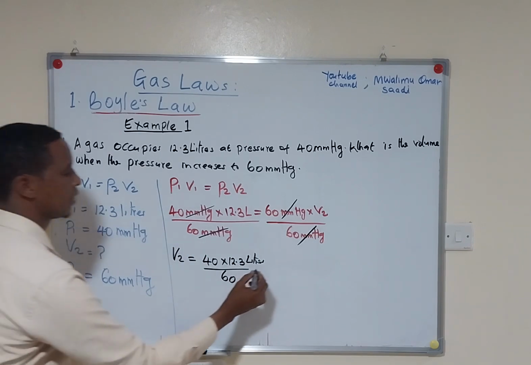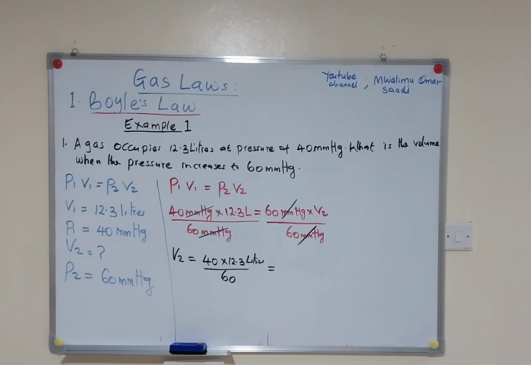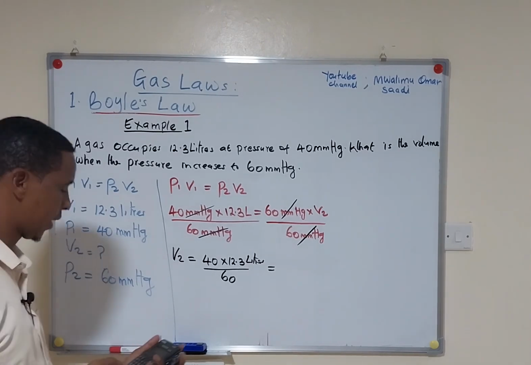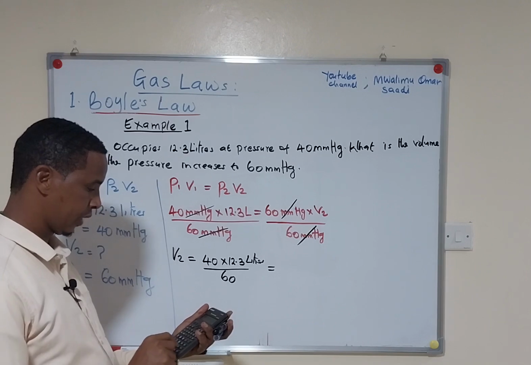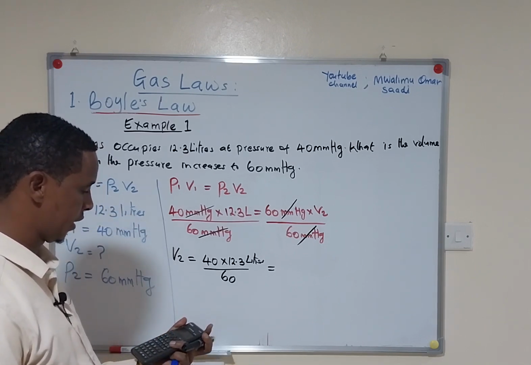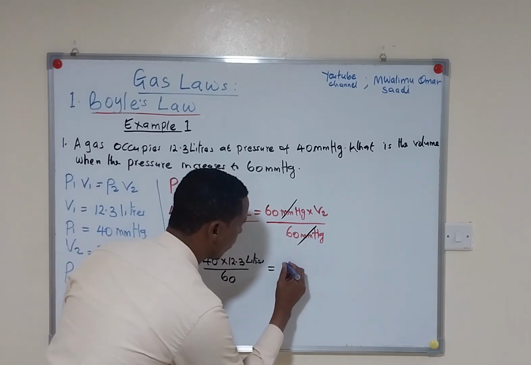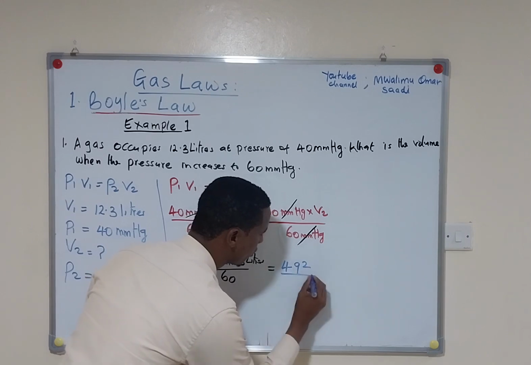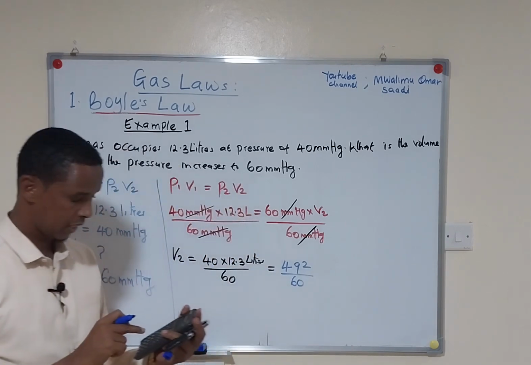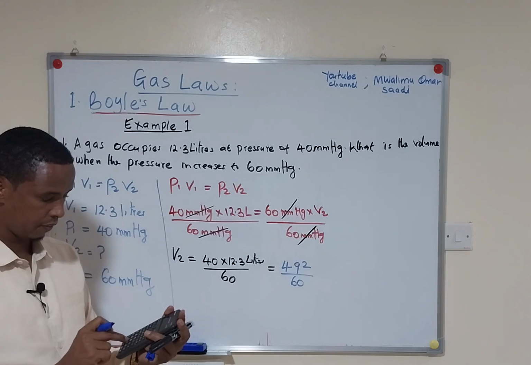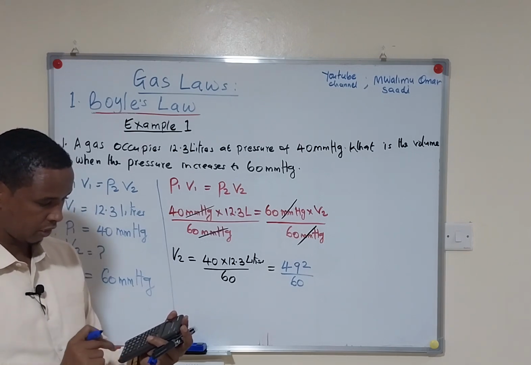So can we find that? That will give us 40 times 12.3, which is 492 all over 60. So that is 492 divided by 60.